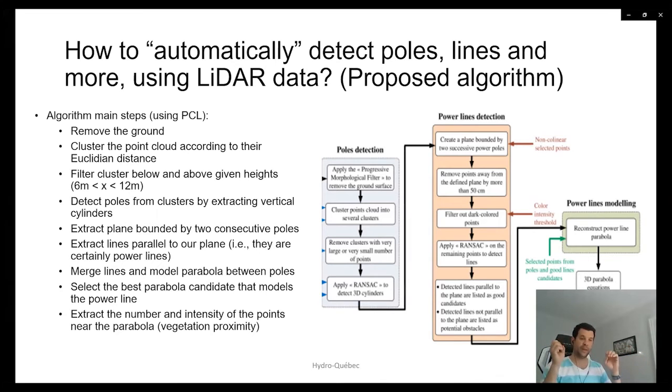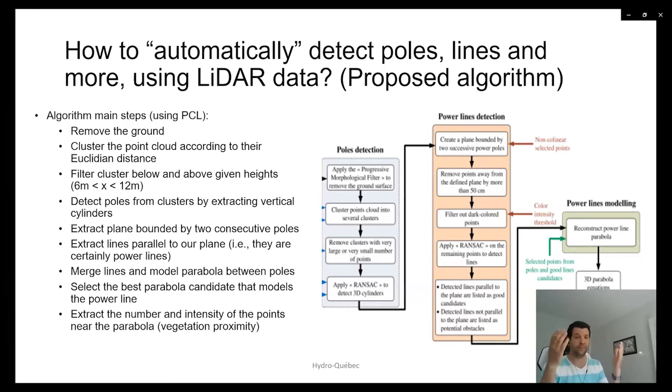After that, we clusterize: we extract clusters, individual objects from our point cloud, and we analyze each cluster in order to find our power poles. Once we have our poles, we connect the poles together and we extract the plane between two consecutive poles. We can do that by processing the distance between each pole.